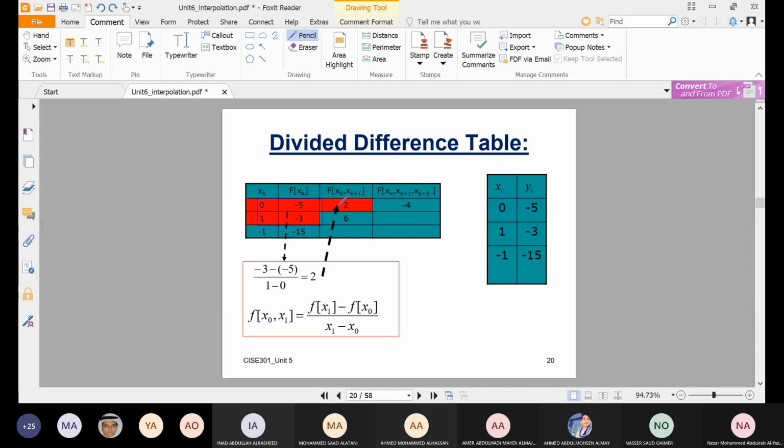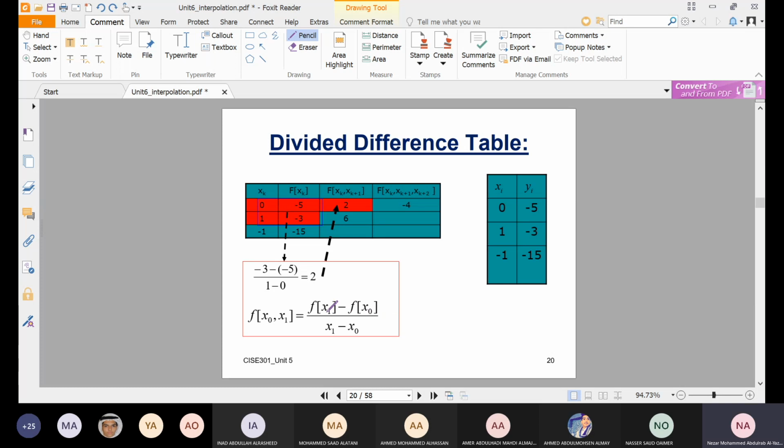So how do we compute this? The first order divided difference, as we know, we find this coefficient in this form. I have f of x1 minus f of x0 over x1 minus x0. This is the first order divided difference.